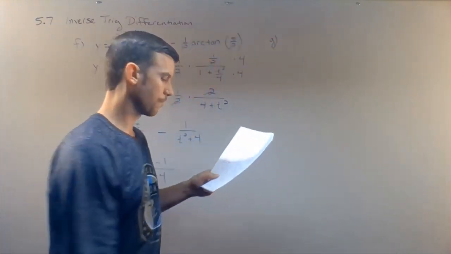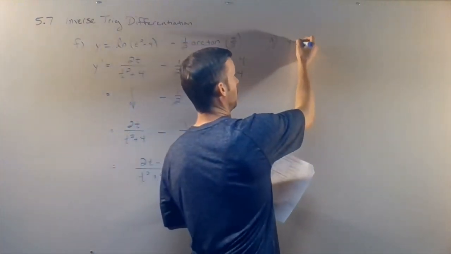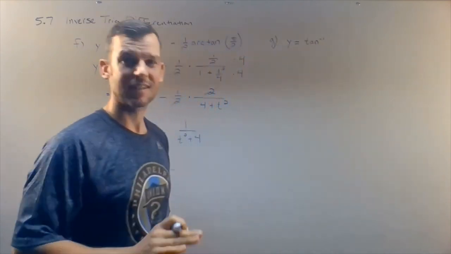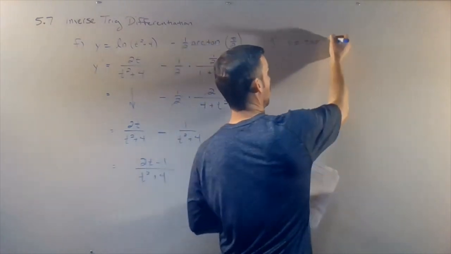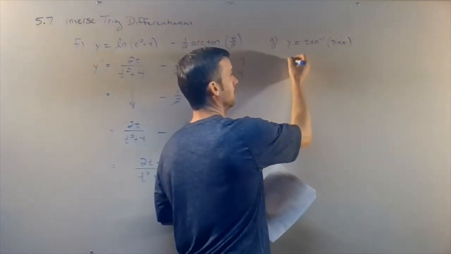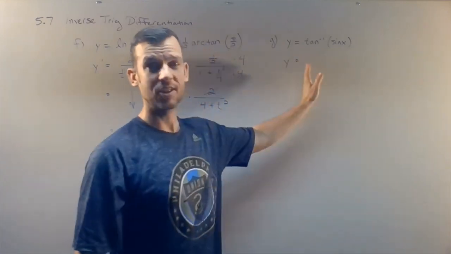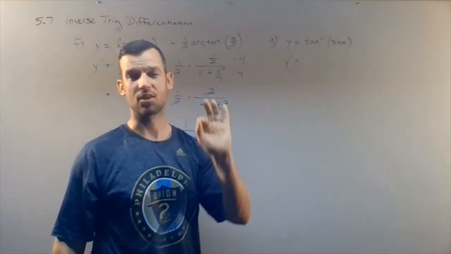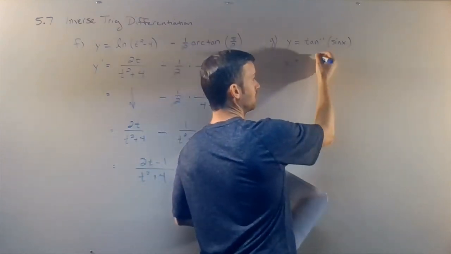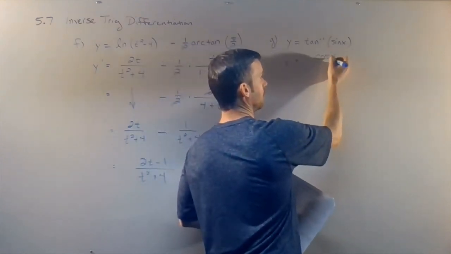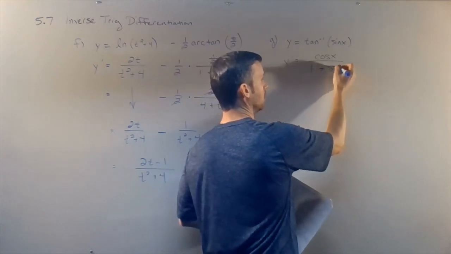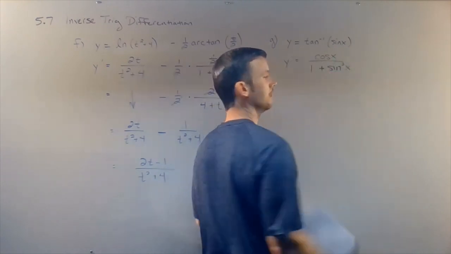So letter G. We have y equals the arctangent, tangent of negative first, same thing as arctangent, of sine of x. So this is the arctangent of a function. It's the arctangent rule. The derivative of the inside function is cosine divided by 1 plus the function squared.